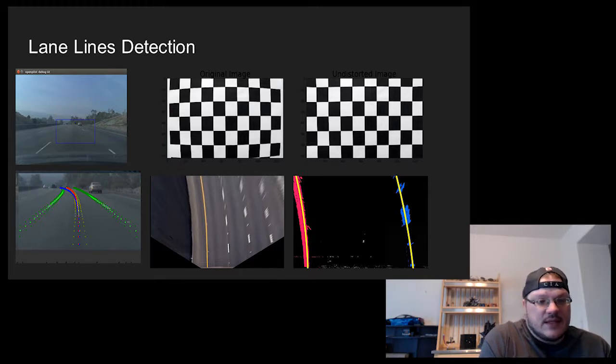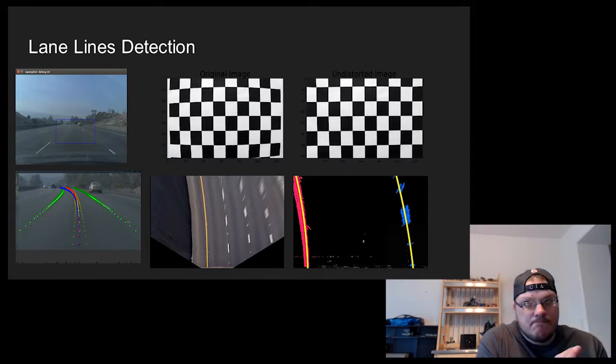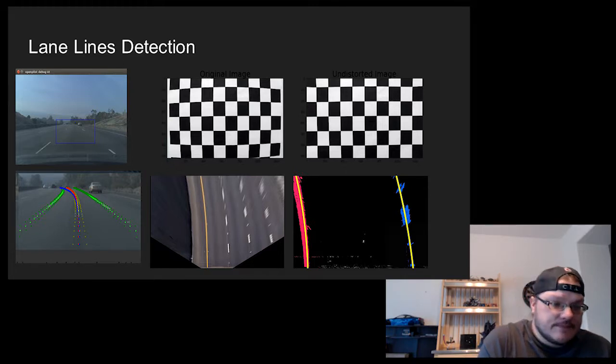So basically, they say, let's take a section of the image and try and find the lines within that section. And then those lines we'll assume are the road lines.